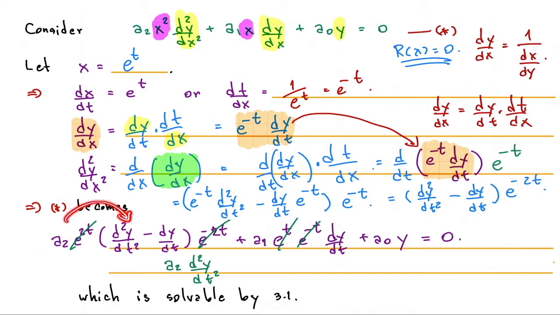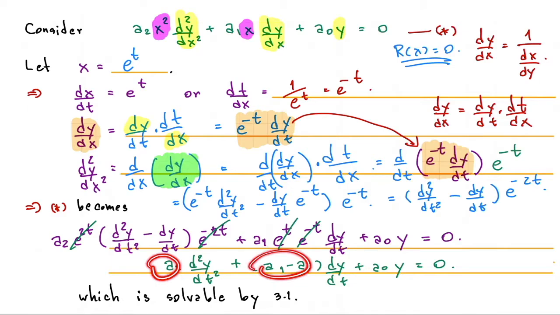Okay, and then plus a1 minus a2 dy by dt plus a0 y equals 0. See? So this is the second derivative, first derivative, and these are constant. There are no x anymore. See? So we basically eliminate these terms.